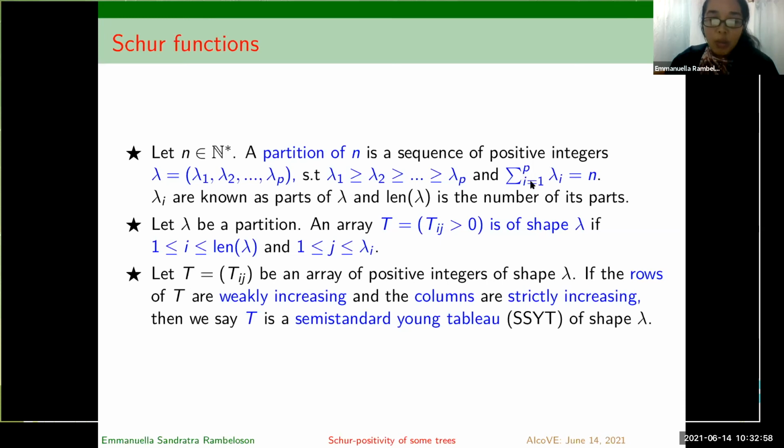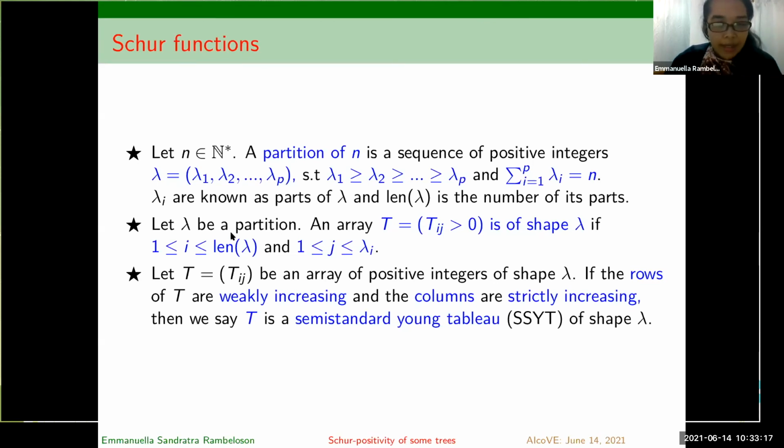And the sum of lambda i must be n. All lambda i here are known as parts of lambda, and this p here is the length of lambda, which is actually the number of the parts of lambda.